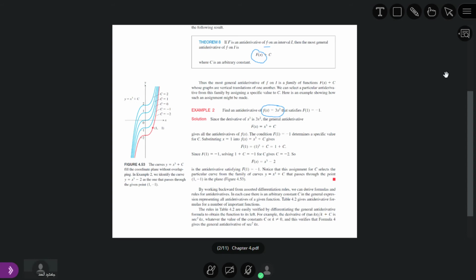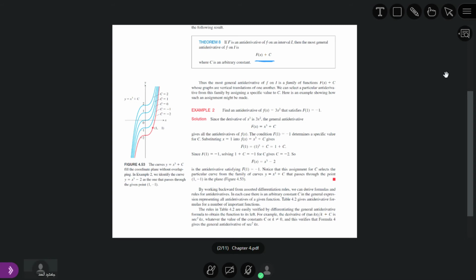It is the derivative of x power 3? The derivative of x power 3 is 3x square, so the antiderivative of 3x square is x power 3 plus some constant. This is basically the definition. So for the antiderivative, we must add some constant.